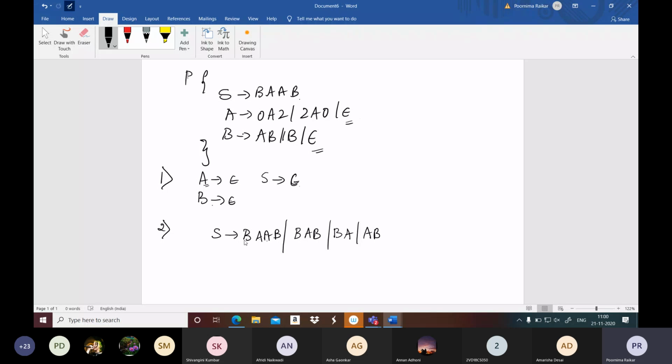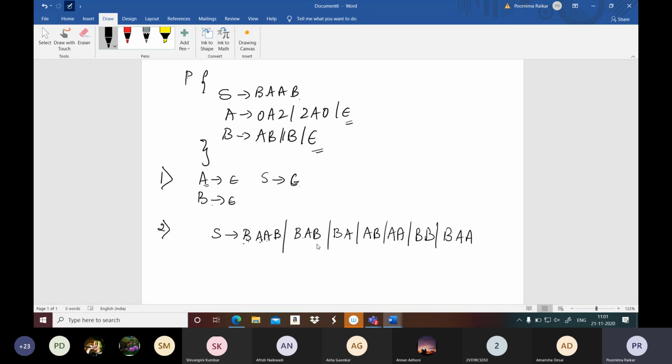Alternately, first time 1, second time 2, next time 3. Next time I'll substitute for these two, I'll get BA. Next time I'll get AB. Then I'm getting AA. Next I'll get BB. So alternately I have to get all the possible productions. Next I'll get BAA. So I am substituting for this B, I'll get BA.